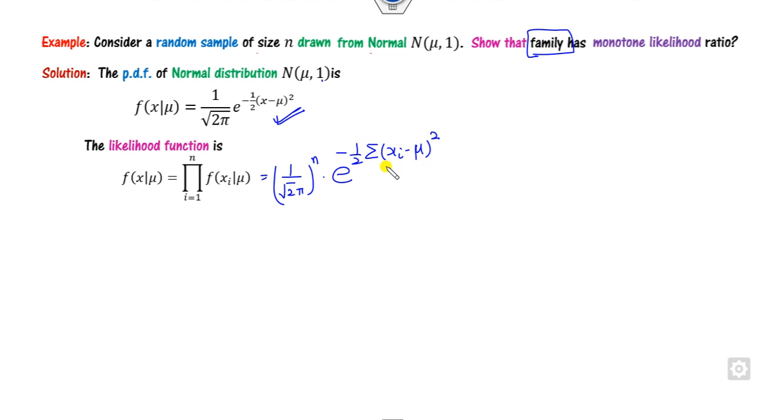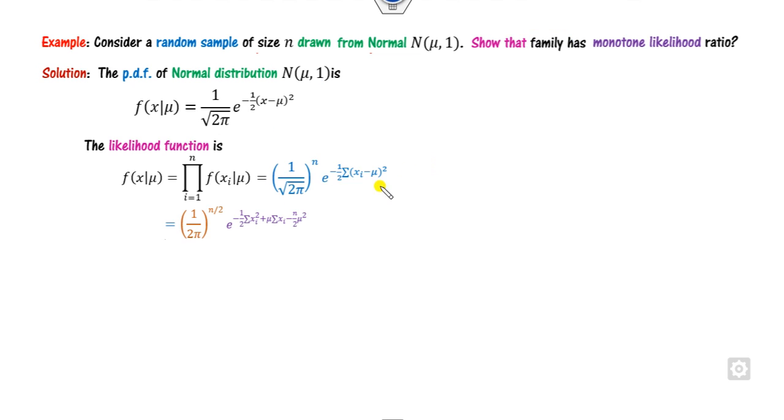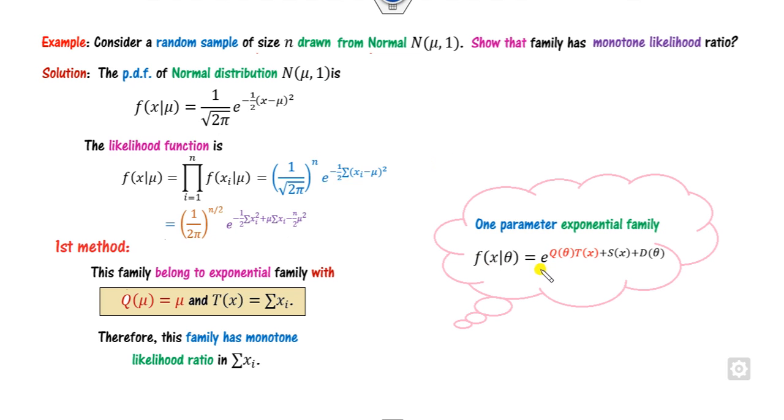Fine. Now I can open this (a minus b) whole square. If you open this, you can write it like this. Now you can see, you can compare this with the exponential family. You can see here e raised to power. Look at the two functions. One is a parameter, the parameter is mu, and t of x. You can see here, this is also a function of x, but the coefficient is not the parameter theta, that is mu.